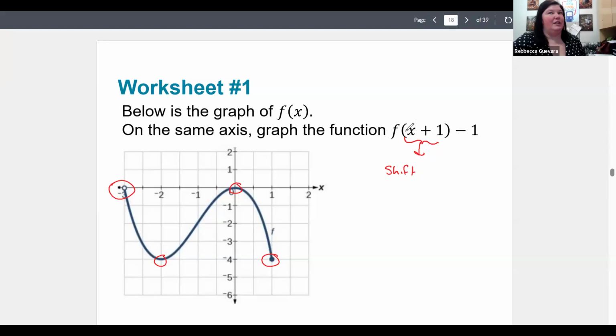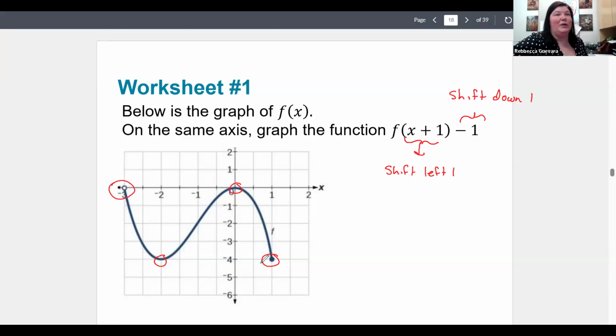Remember, it's a plus on the x, so we're going to shift backwards. We're going to shift to the left by 1. And this little part here is outside of the parentheses, directly on the y, so it's changing the y component. That's going to shift up or down. In this case, we're going to shift down by 1.